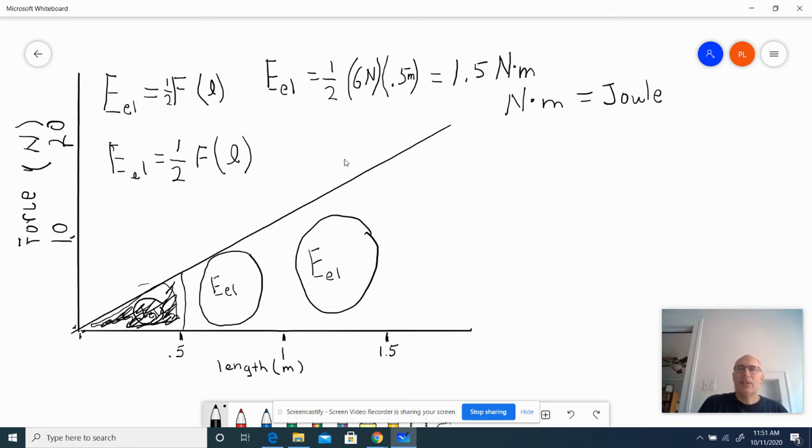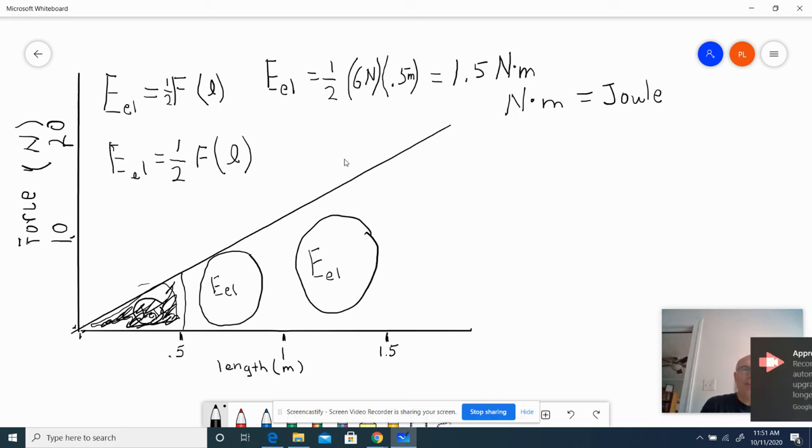And so you need to keep in mind that if you end up in an equation with Newton times meters, you can write joules. But if you write joules, you can also be thinking, well, that's 1 Newton of force times 1 meter of stretch. Okay, we're going to see this more than once, what a joule actually means.